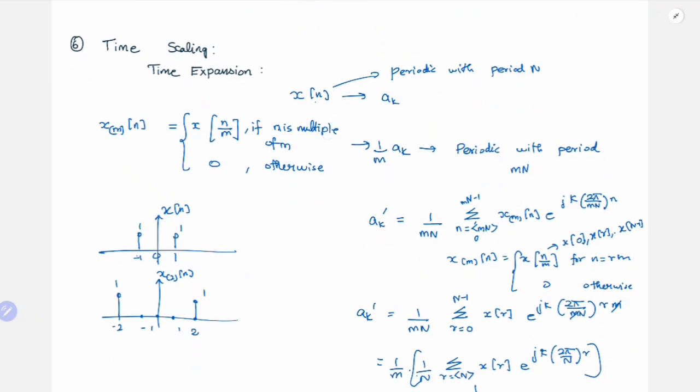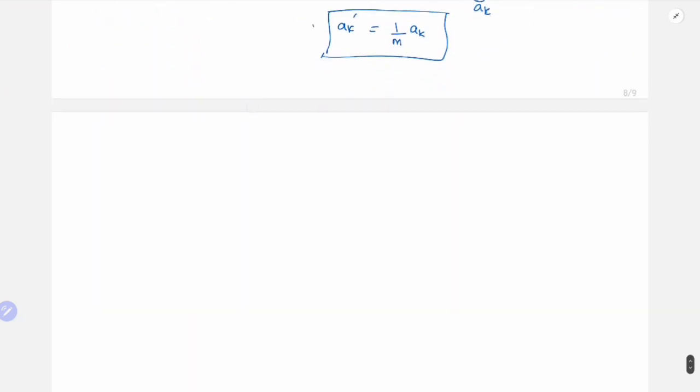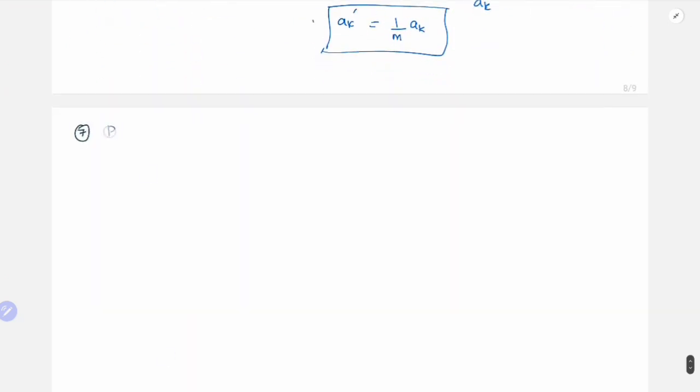So next property, let us see periodic convolution. For an actual signal, we saw convolution being, so x of n convolved with h of n is nothing but summation k equal to minus infinity to infinity x of k h of n minus k. So this is the convolution sum, or let's say just convolution.